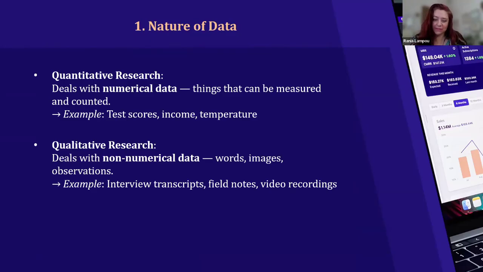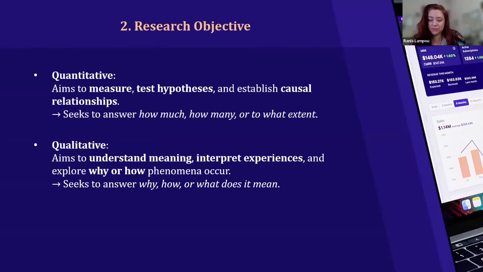On the other hand, qualitative research deals with non-numerical data, such as interview transcripts, field notes, or video recordings. In terms of research objective, quantitative aims to measure, test hypotheses, and establish causal relationships. On the other hand, qualitative aims to understand meaning, interpret experience, and explore why or how phenomena occur.